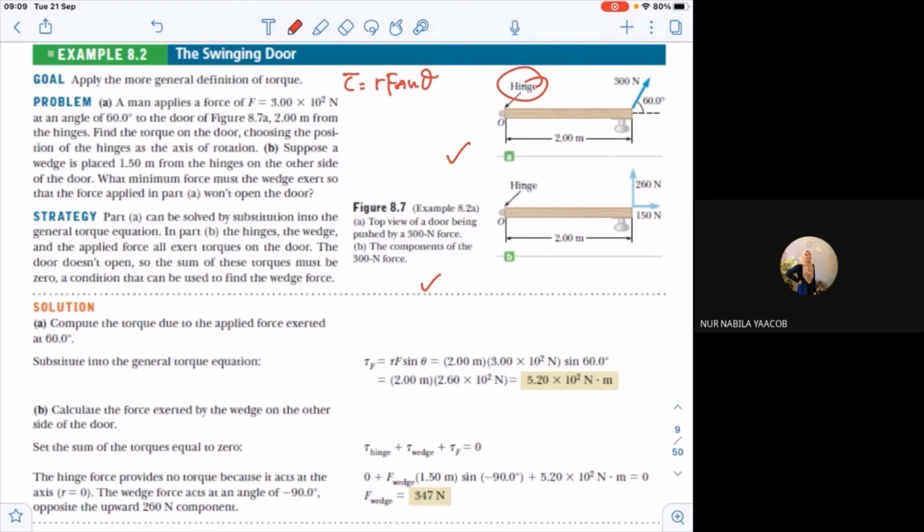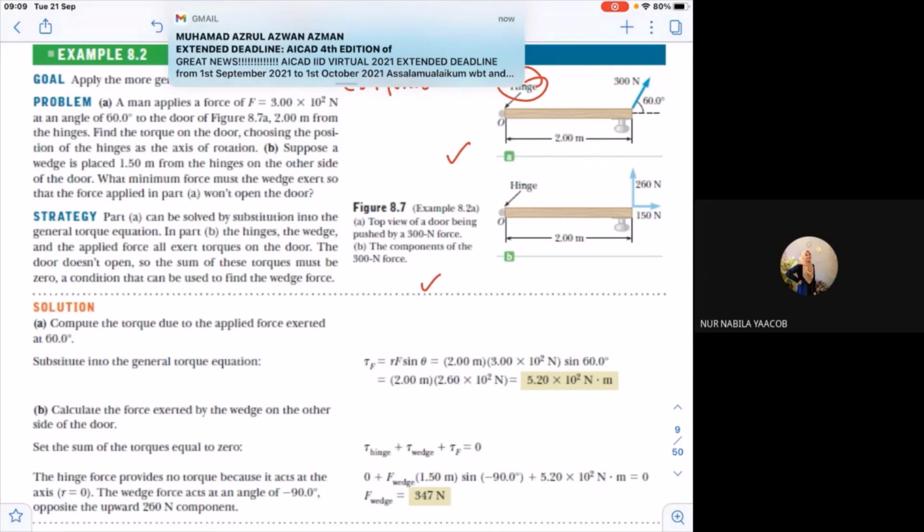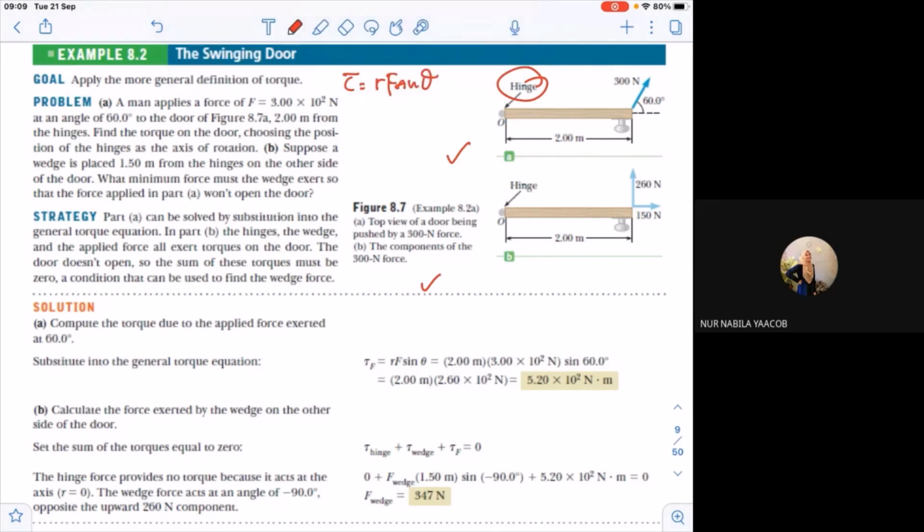The center of rotation can change from one situation to another, and you will see later what happens when we change the center of rotation.